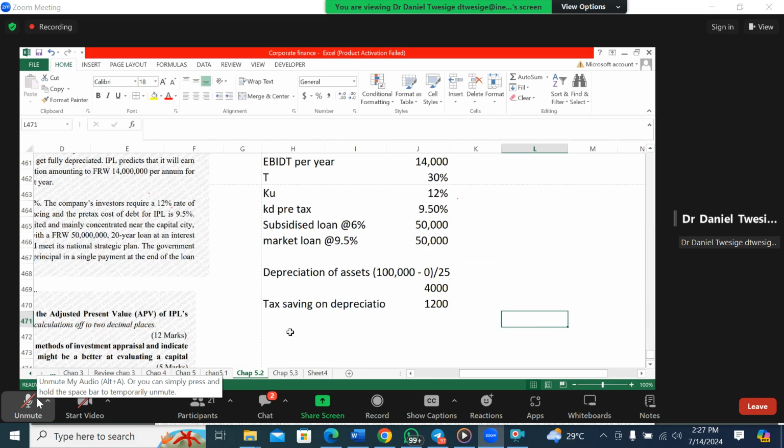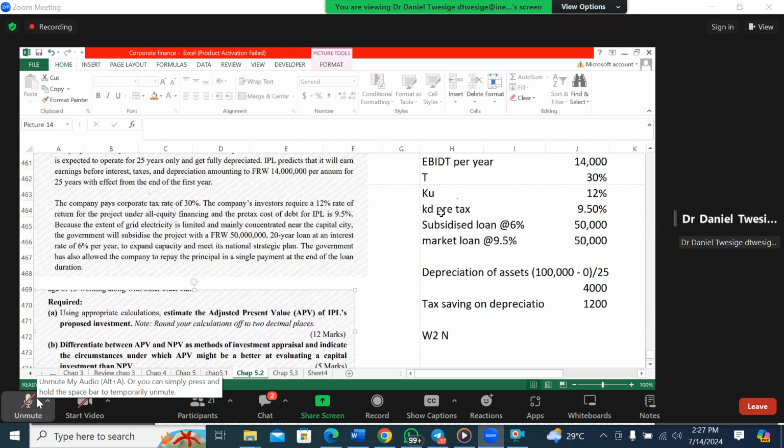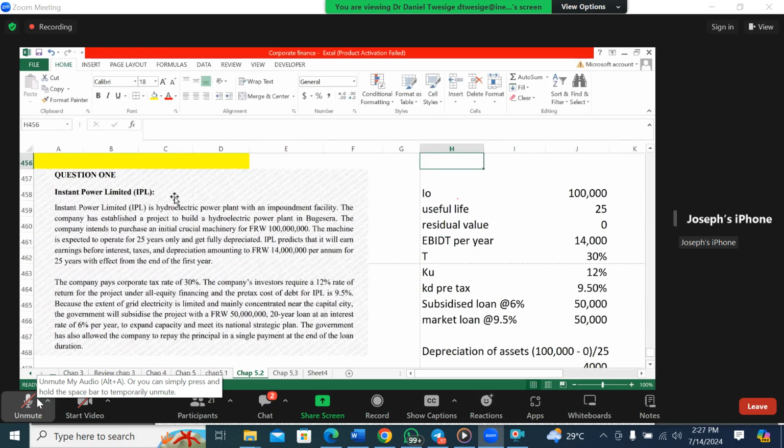So what is going to be our net cash flows? Maybe working number 2. Have we been told that we are having a tax allowable depreciation? No, it's not given, but that's what I'm thinking. The machine is going to operate 25 years and get fully depreciated.